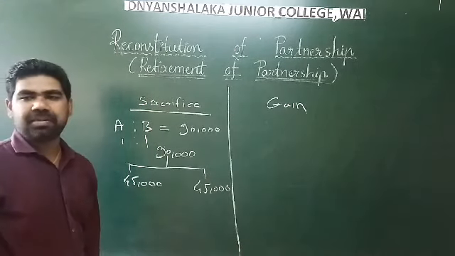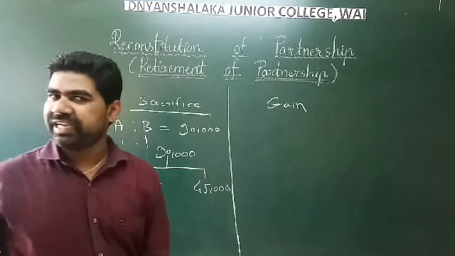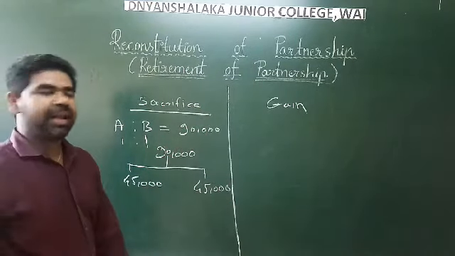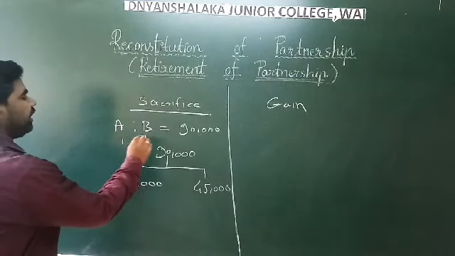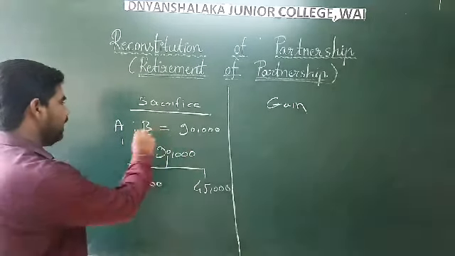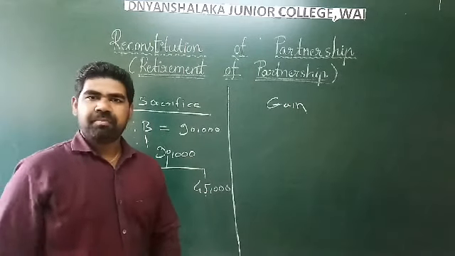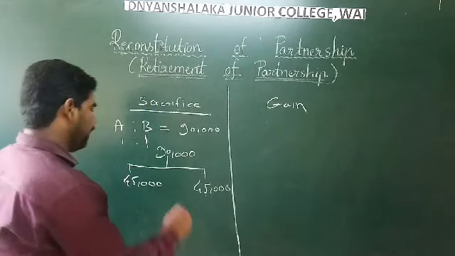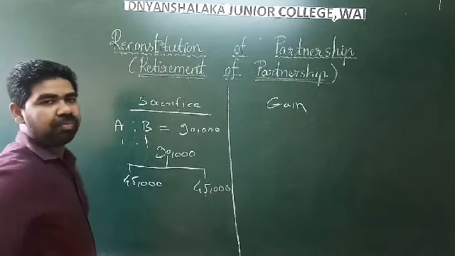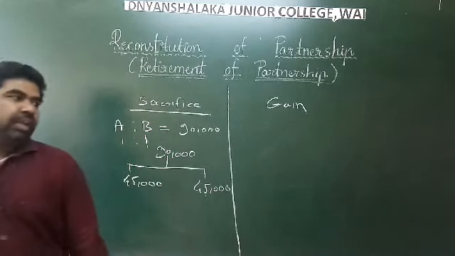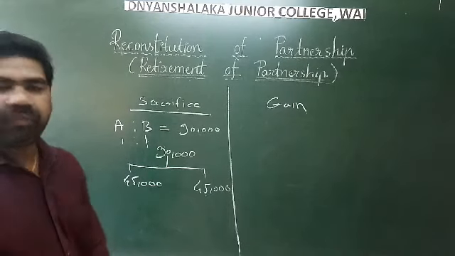Suppose A and B are the partners who run the business activity, and if they earn a profit of rupees 90,000 and the profit sharing ratio is equal, then A and B earn a profit of 45,000 individually. समझ रहे हैं? Before the admission of a partner, they earn 45,000 profit individually. Now understand what happens if they add a new partner to the partnership firm.